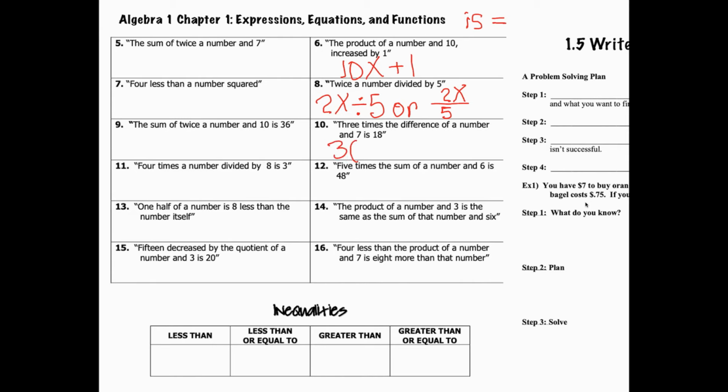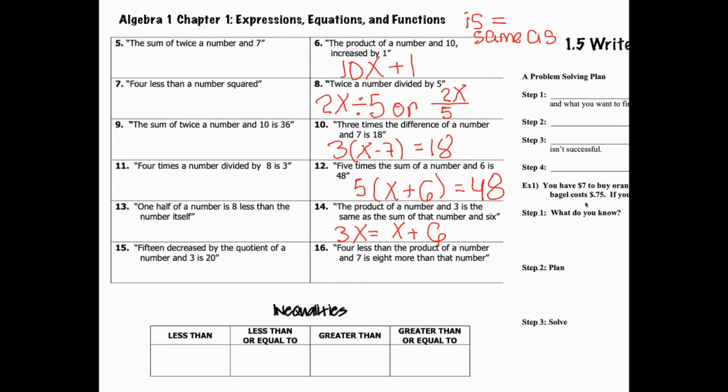So we would have a number and 3, so that's 3x. And it's the same as, so that means it's equal to. So I'm going to add that over here. Same as. Those two indicate an equal sign. And it's equal to the sum of a number and 6, so that would be x plus 6.